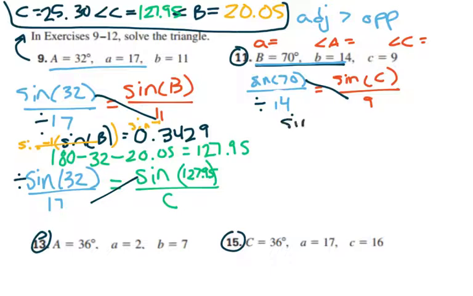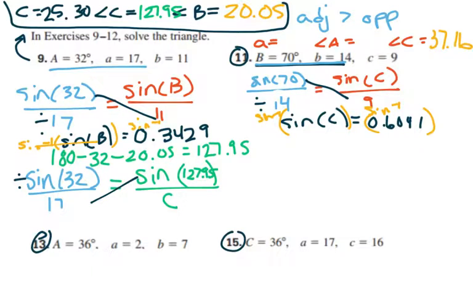So that means that sine of C is equal to 0.60408. And then I need to take the sine inverse in order to get C all by itself. So sine inverse of the decimal that we got means that angle C is 37.16 degrees.